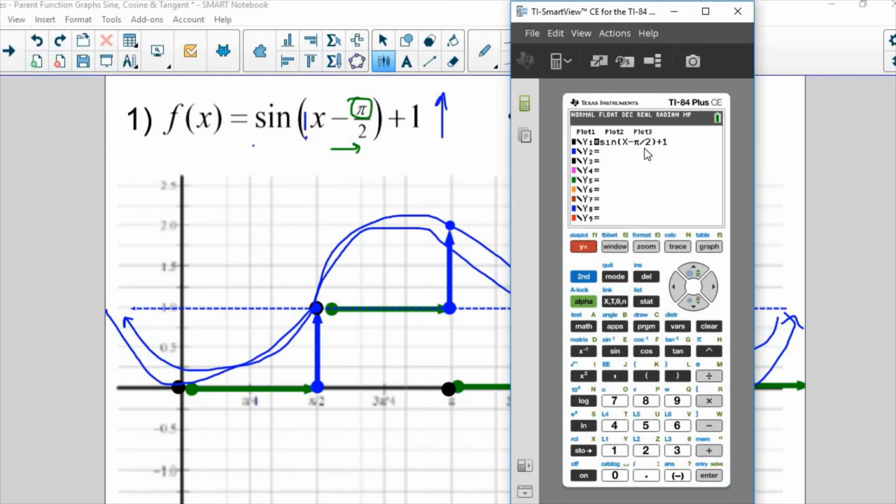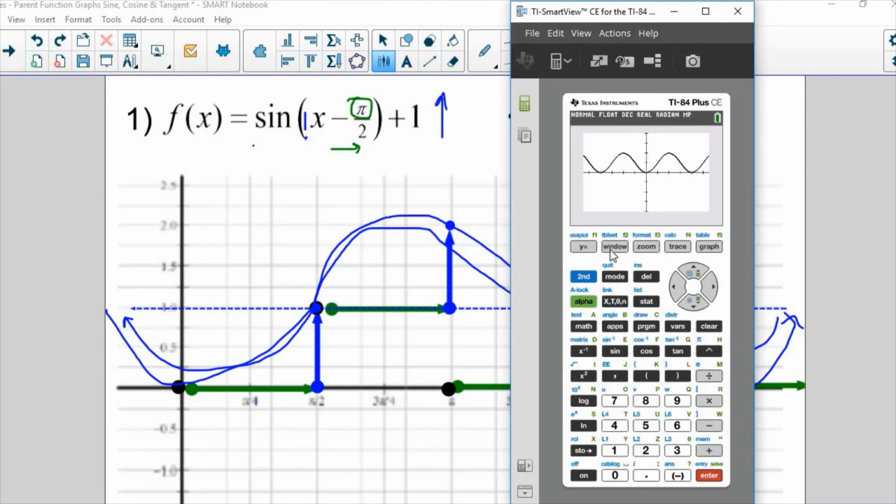Then we're going to type it in, okay? And then there's actually a special menu to graph on a TI calculator or a Casio, even on Desmos. If you go to Window, and you go to Zoom, and you go to Trig, it's choice 7. You can either hit 7 or scroll down to it. But this gives a graph that has all 4 quadrants, which is very disorienting because it makes you think of the unit circle in the wrong way. The unit circle actually starts here at the y-axis.